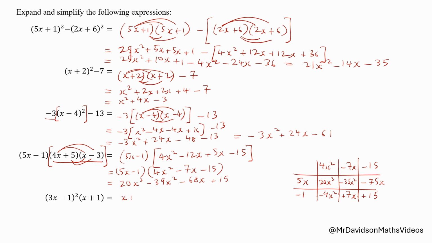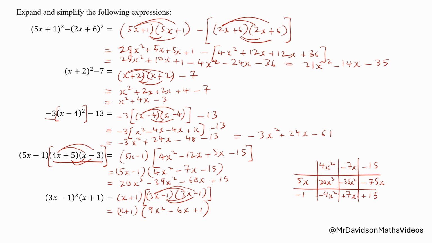So x plus 1 multiplied by 3x minus 1 times 3x minus 1, which is x plus 1 times 9x squared. That's from that. Minus 3x minus 3x is minus 6x plus 1.